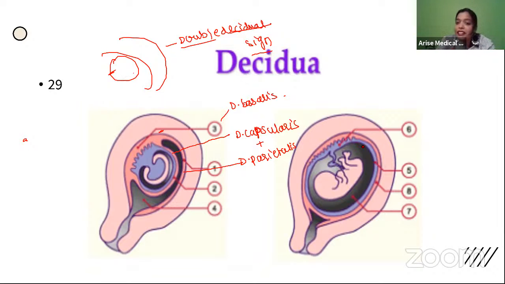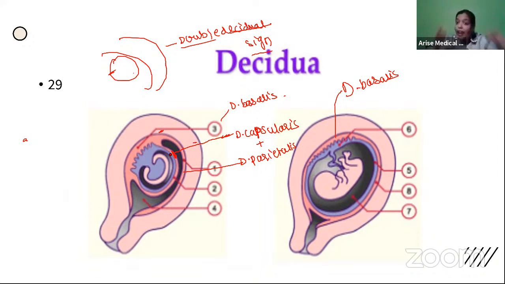Now, as the baby grows, the decidua basalis remains the same. But please observe the image. Here there were two things, decidua capsularis and parietalis, covering the baby and covering the uterine cavity.